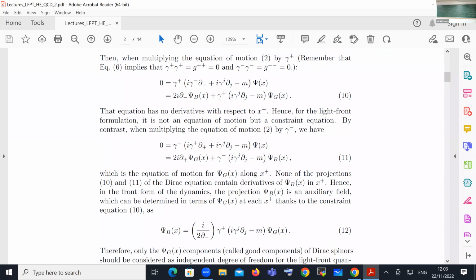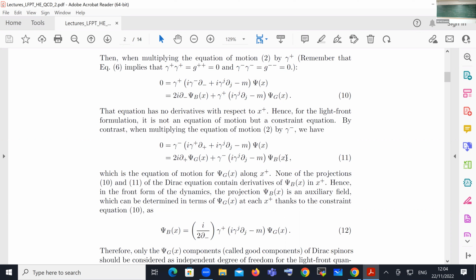So the thing is that it depends along what direction you want to describe your evolution. If you have x plus, we have to use the gamma plus multipliers. So if you think of evolution along the x plus direction, then the Dirac equation contains derivative with respect to x plus only for the psi g. So it's this one which is a dynamical field, not the bad one.